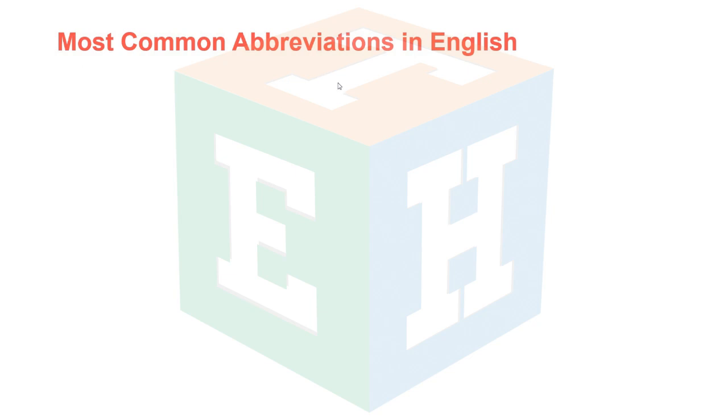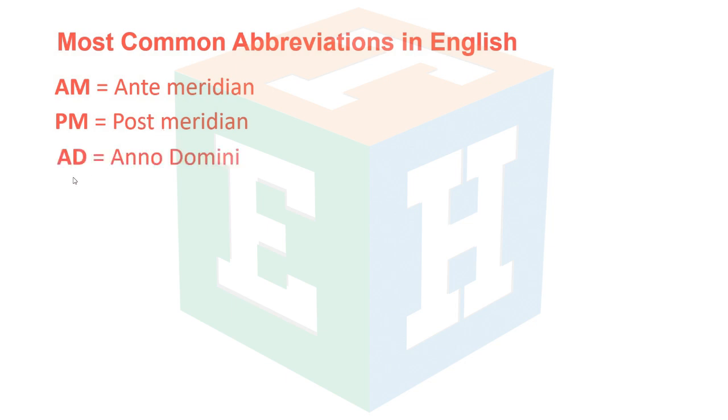Most common abbreviations in English: AM, ante-meridian. PM, post-meridian. AD, anno domini. BC, before Christ.